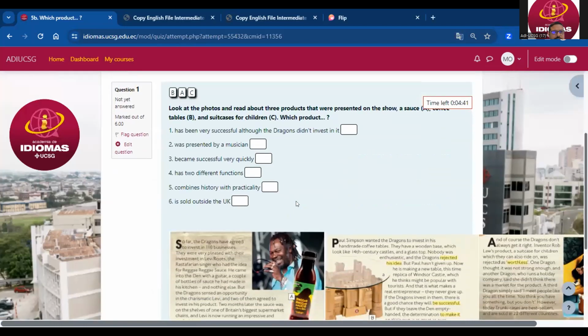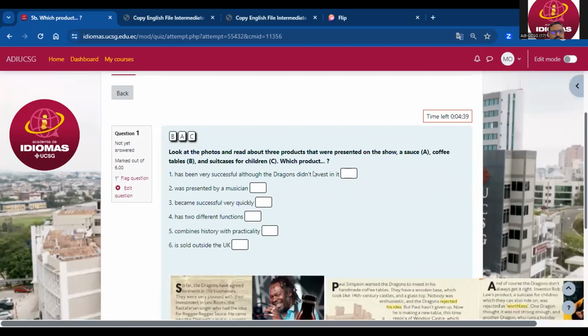We have options A, B, C. Yep. Look at the photos and read about 3 products that were presented on the show: a sauce A, coffee table B, and suitcases for children C. Those are the 3 options we have.